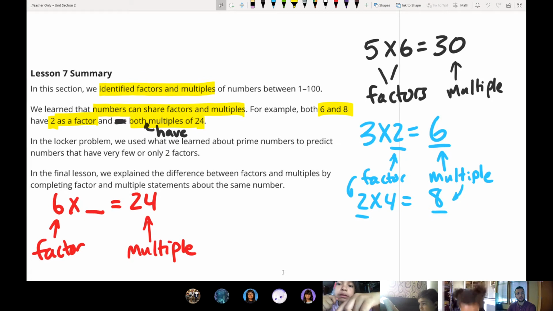Okay, I know Camila's got it. She's been on top of it today. I want to hear from somebody else. What can I put in this blank to show that 24 is a multiple of 6, that I can skip count by 6 and land on 24? Elizabeth?